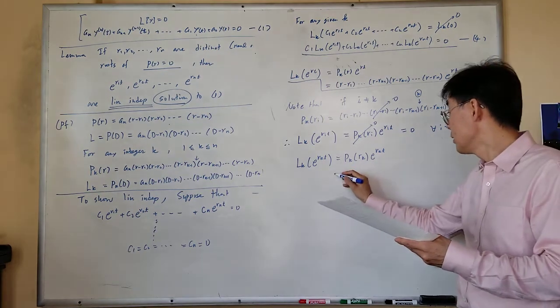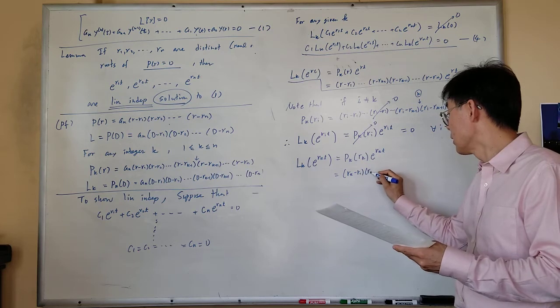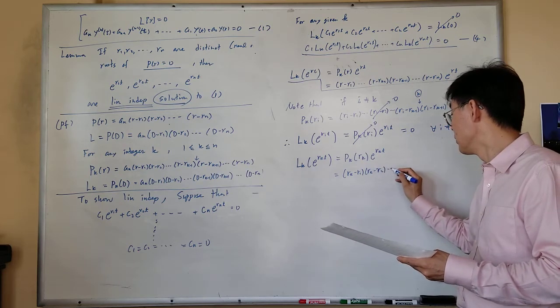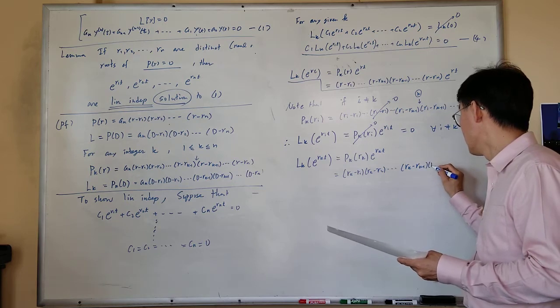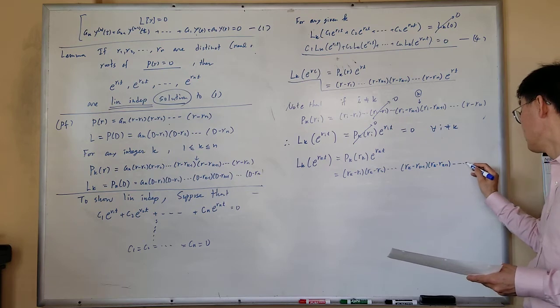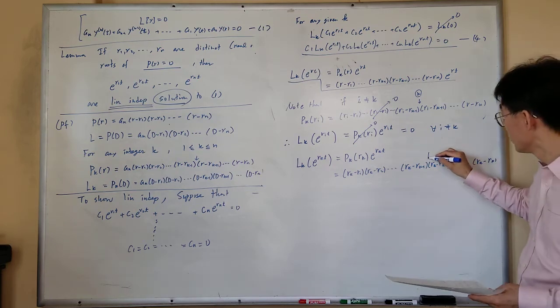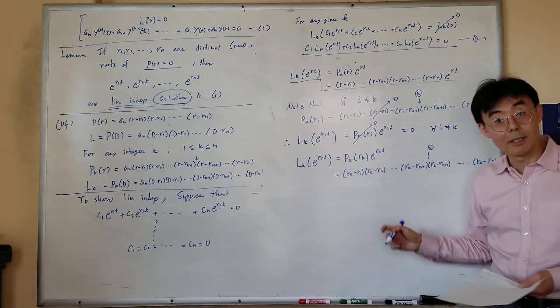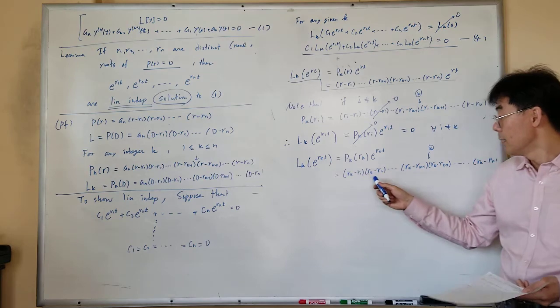Now what was this? (r_k minus r1), (r_k minus r2), ... (r_k minus r_{k-1}), (r_k minus r_{k+1}), ... (r_k minus r_n). So the kth term is missing. Instead of r, you have r_k.